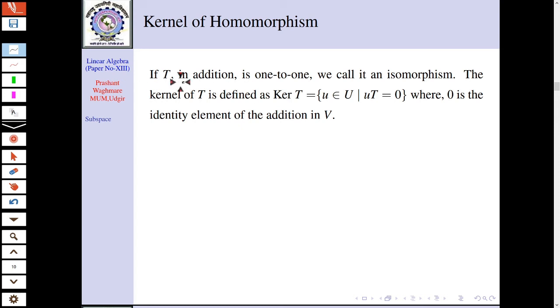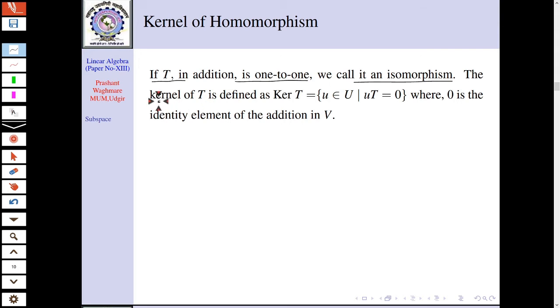If T is a homomorphism and it is a one-to-one mapping, then we call it an isomorphism. Means what? Homomorphism plus one-one implies isomorphism.